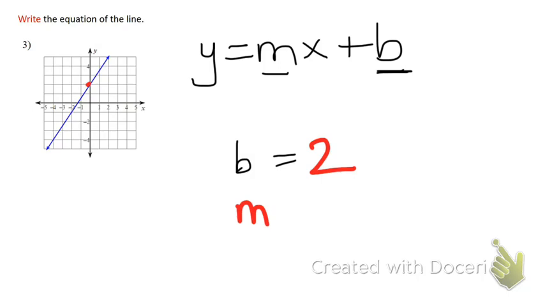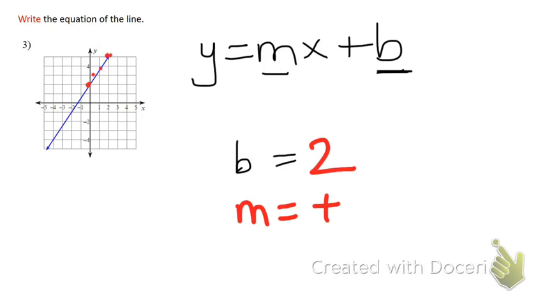M is the slope. Now you have to find 2 points that you can read off of this line in order to figure out the slope. First, make sure you notice that this is an uphill line, so I know my slope is a positive number. I've got 1 point, which we already found. I need to find another point that is on the corner of a box. This point here is no good. It's not at the corner of a box. But this one, right where the arrow is, is right on the corner of a box.